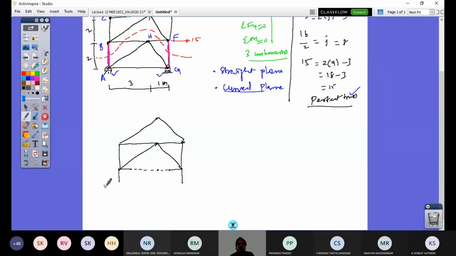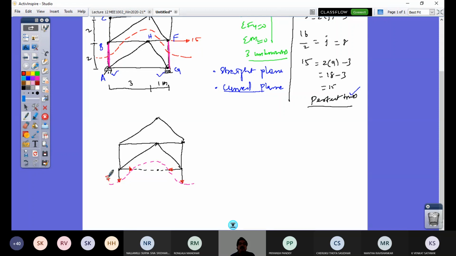So what is my section plane? This was my section plane, like this I have considered. And now see my internal forces which I represent here. This one, this one, this one, this one. These are the four unknown internal forces.